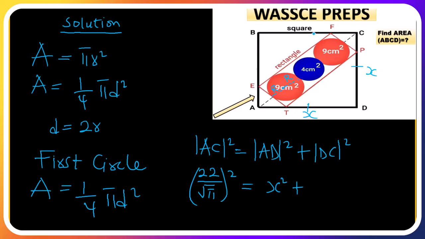So this is also x squared. We have 22 on root pi, all squared, equals x squared plus x squared from the Pythagoras theorem of our right-angle triangle.